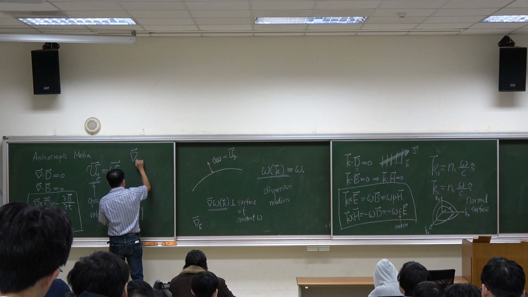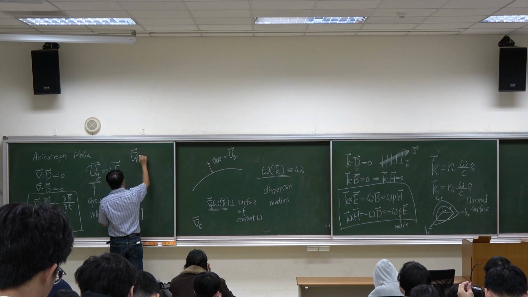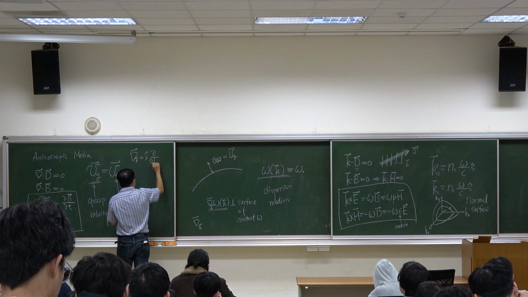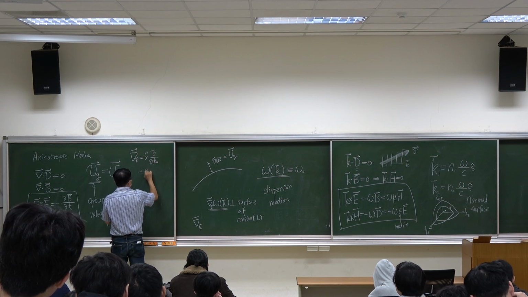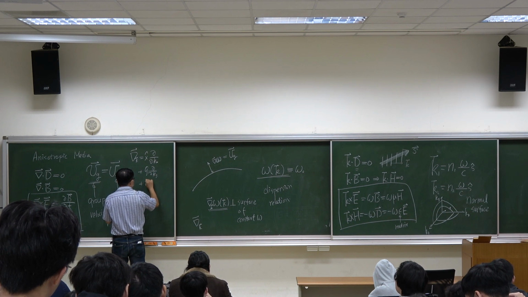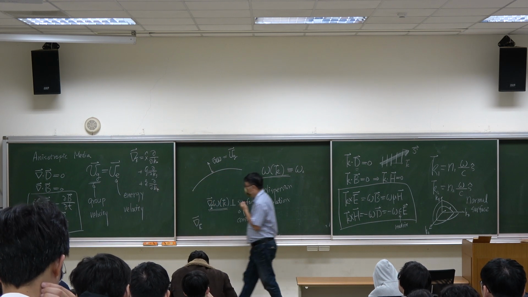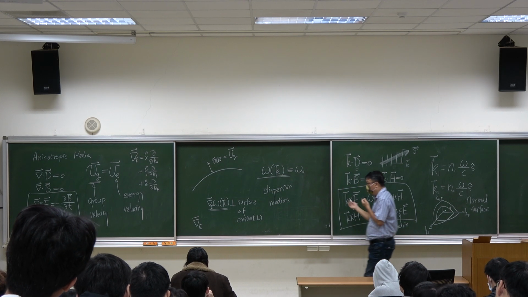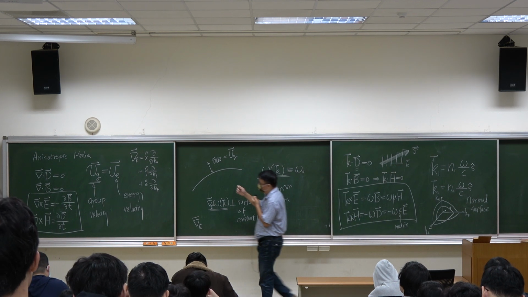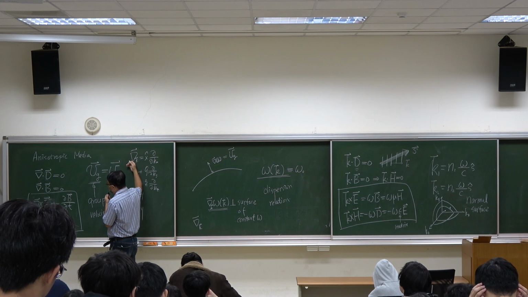This notation means that this is the gradient in k space, and the gradient in k space is the group velocity. The gradient in k space.